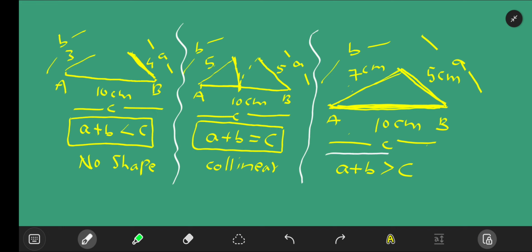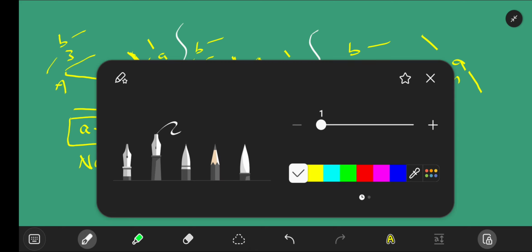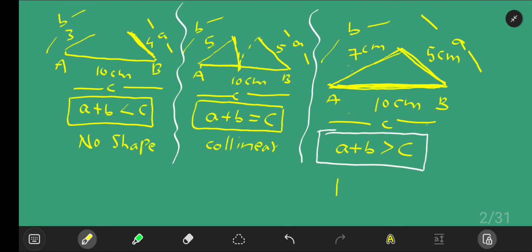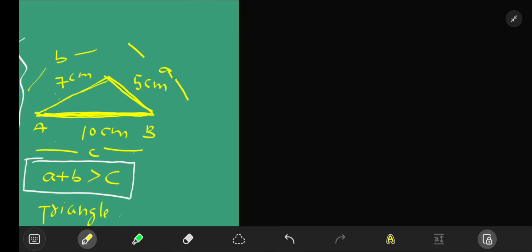That closed figure of three sides is called a triangle. Now you understood the condition for formation of a triangle.